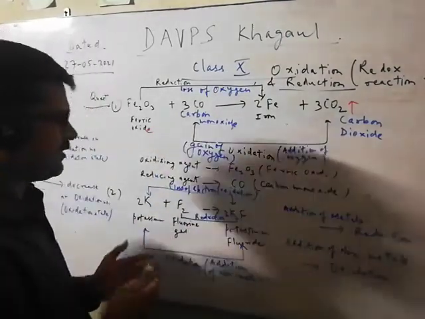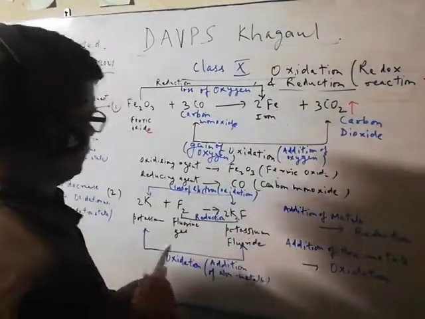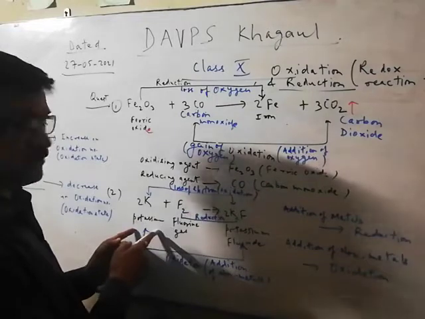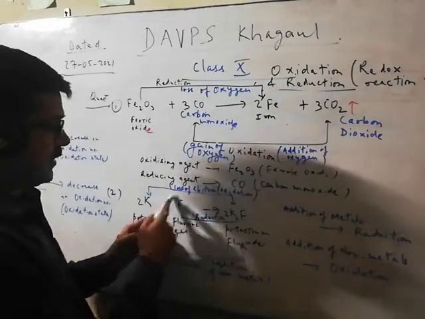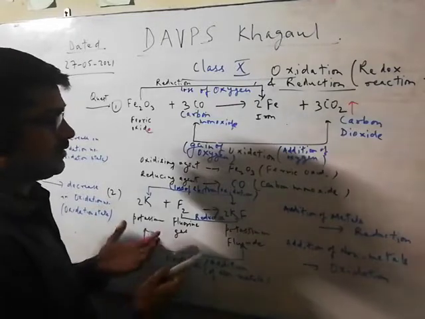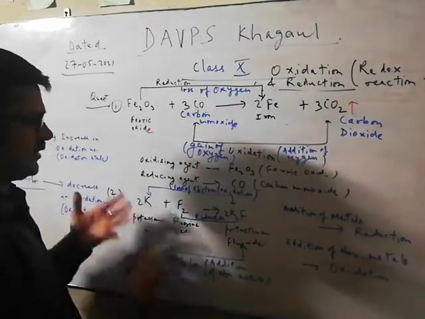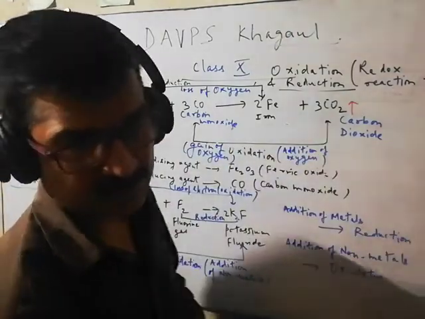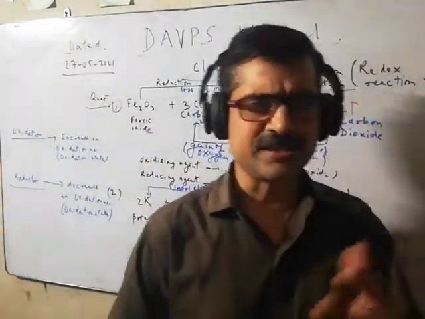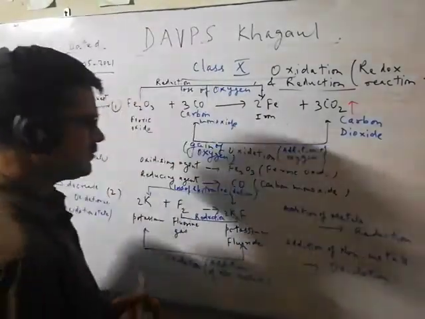Now here we obtain potassium fluoride, KF. K means potassium, a metal. Fluorine is a non-metal, fluorine gas, and we obtain potassium fluoride, a compound. So what is oxidation and what is reduction here? Let us decide.